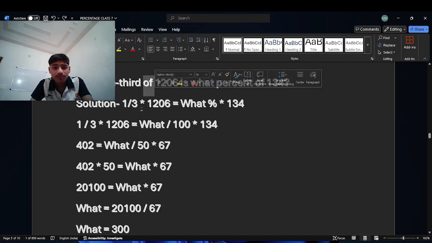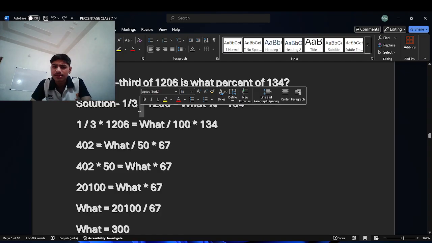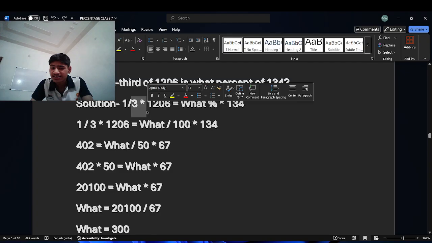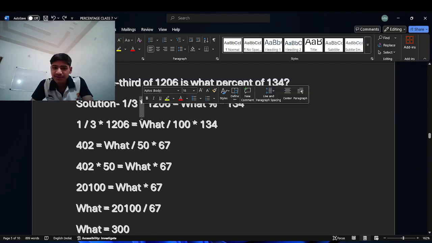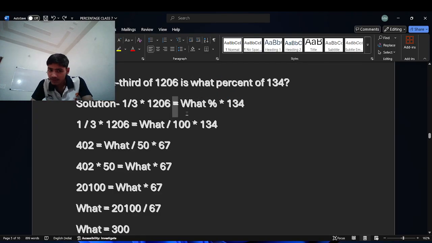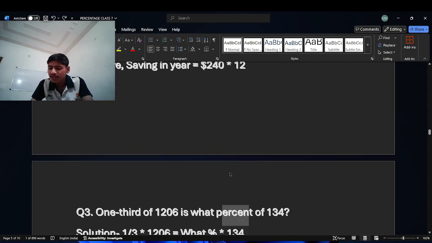Of means multiply. I always said, if you have not learned BODMAS, I will move on to some other videos, and now we will go to BODMAS then. So 1 by 3 star, here star means multiply. 1 by 3 into 1206 is equal to what percent, multiplied by 134. Percent sign is percent.